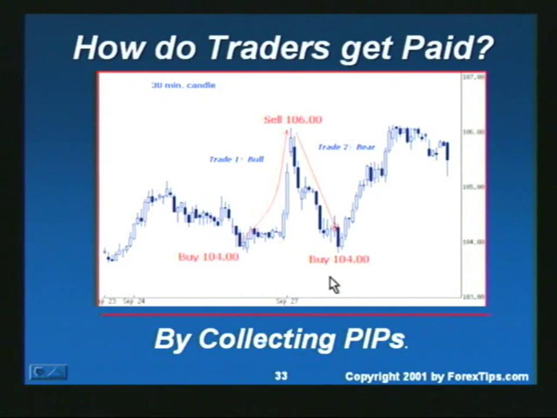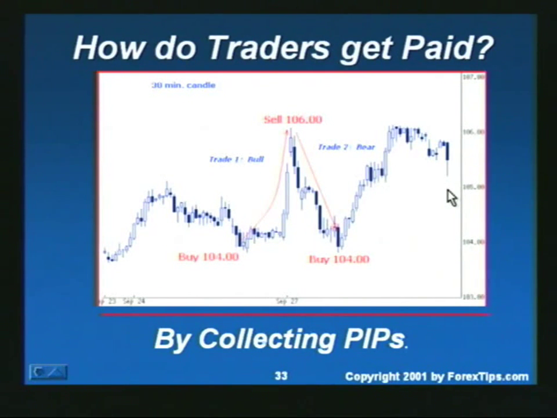Now, currency is constantly moving up and down. And you can make money as it goes up and you can make money as it goes down. But because we are trading $100,000 at a time, that means that as the currency moves from 104 yen to the dollar to 105 yen to the dollar, this is a 1-point move.